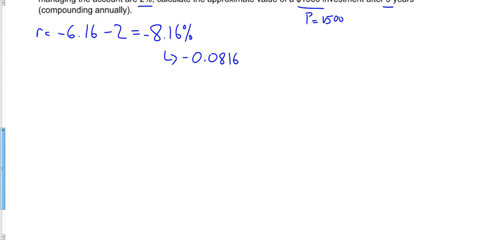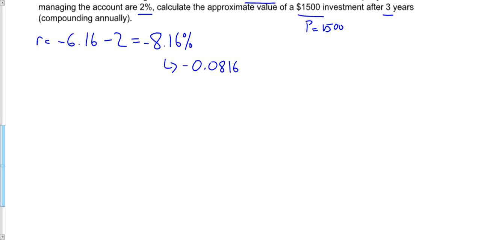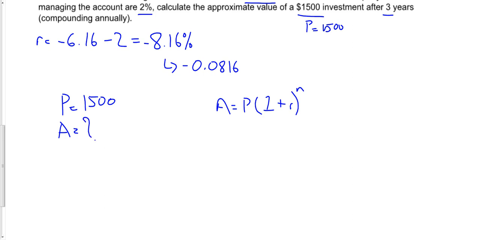Our compound interest formula is going to be A is equal to P times 1 plus i to the exponent n. We know that P, the principal, is equal to $1,500. We don't know what A is.